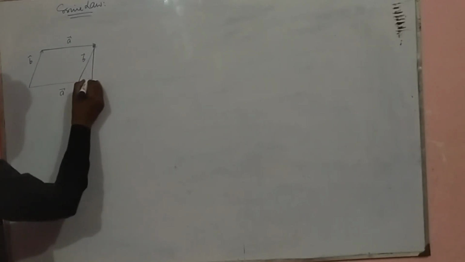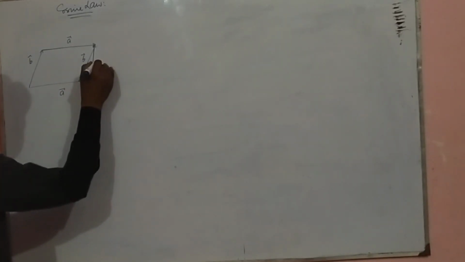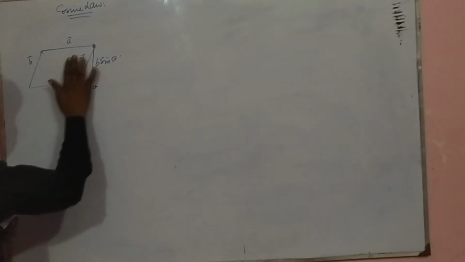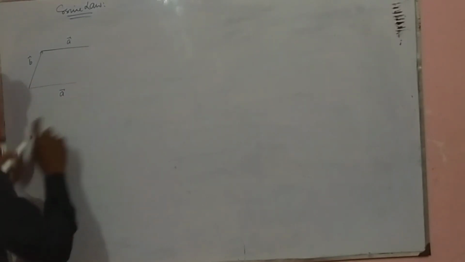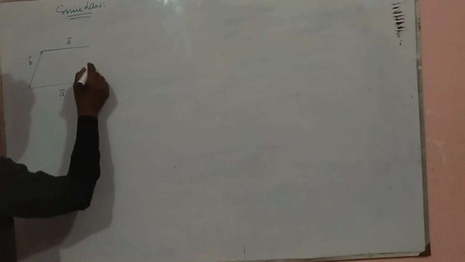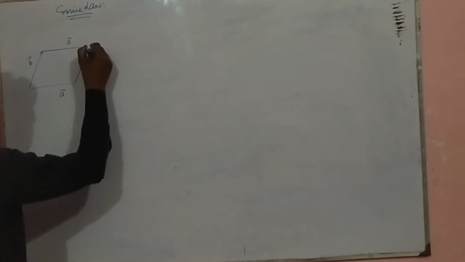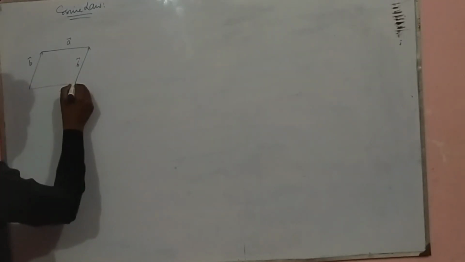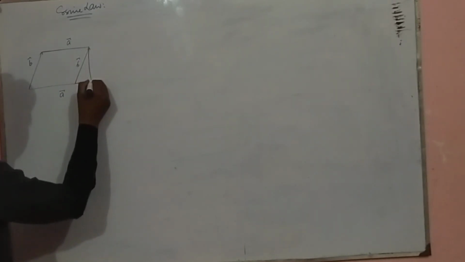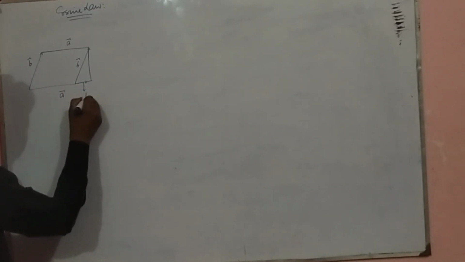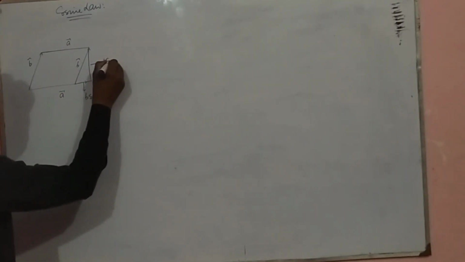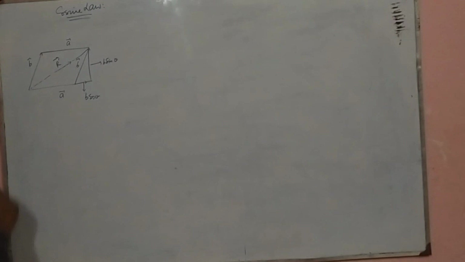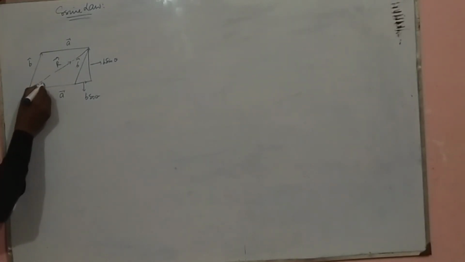This is b sin theta, and this is b cos theta. This will be the resultant R, and this will be the angle theta.